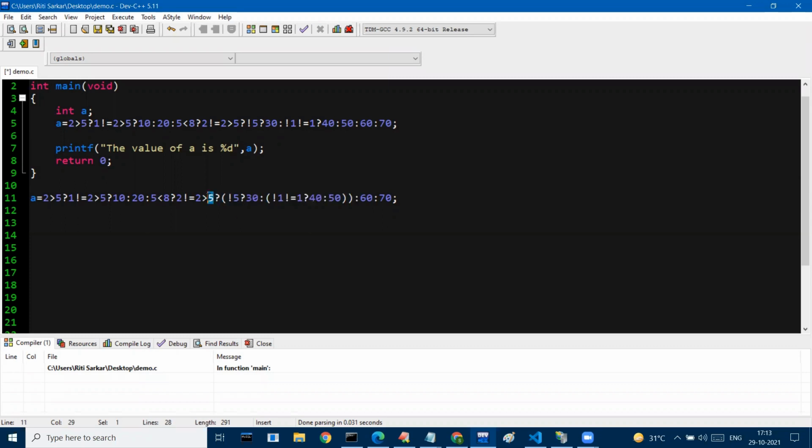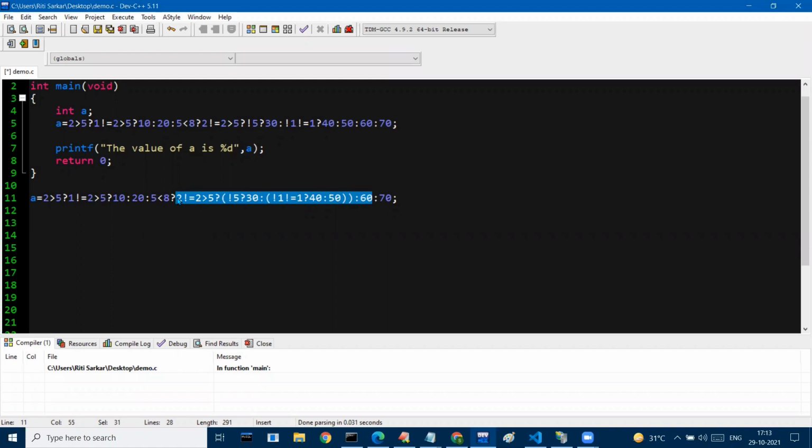I move from here, from here, from here up to this. Before I reach the other question mark, this part is none other than my expression 1 for this conditional operator. So from here, expression 1, the bracketized part entirely is expression 2, and 60 is expression 3.